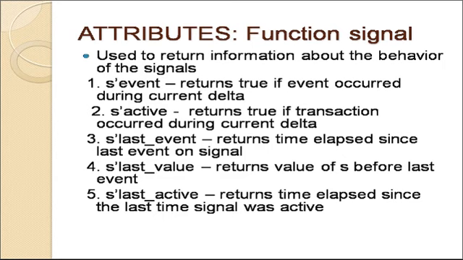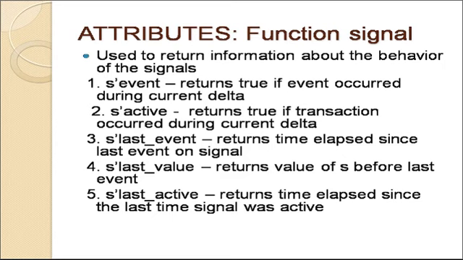There we have written clock tick event and clock is equal to 1. That tick event is a function attribute, and it returns true if the event has occurred. And what is an event? Changing the value from 0 to 1 or from 1 to 0 is treated as an event.